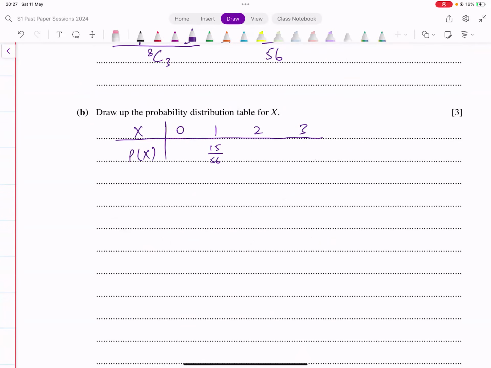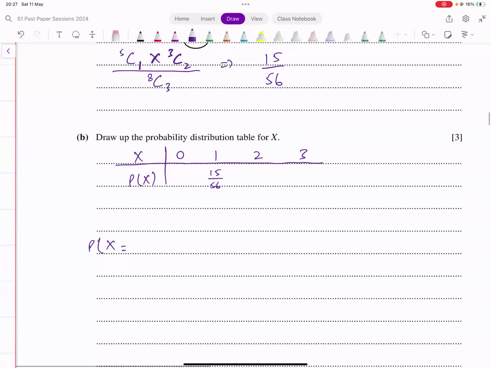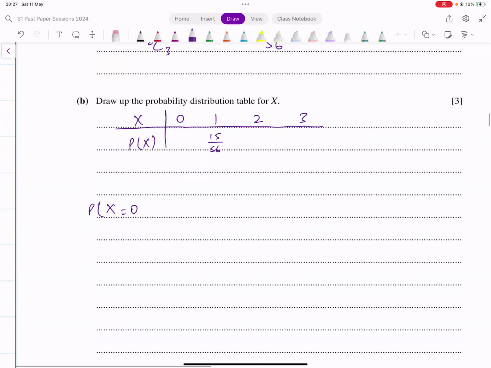What about the other cases now? Now you can use any of these methods that you prefer. I would say combination is much quicker in this case, but it's your choice. You can also do this. This also works. X equals 0. What does that mean? The denominator is going to be the same. Out of 8 balls, you want to select 3 balls. In the numerator, if you want no red balls, what does that mean?